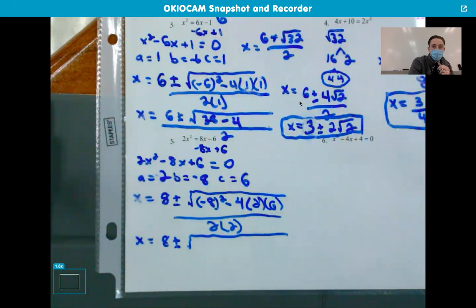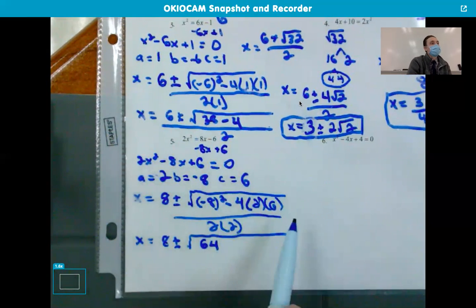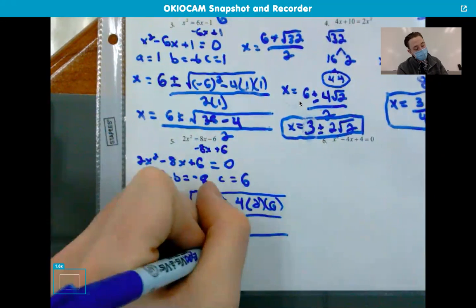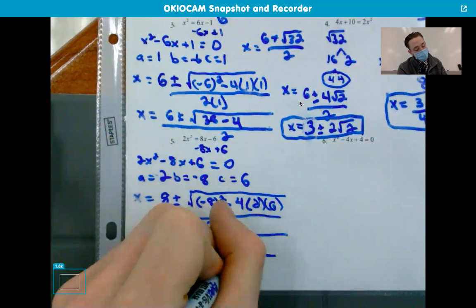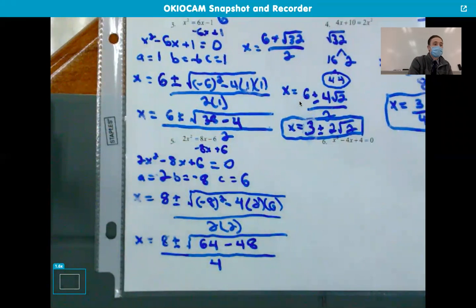What's negative 8 times negative 8? 64. What's negative 4 times 2? And what's negative 8 times 6? Negative 48. Good. Nice job. All over 2 times 2, which is just 4.